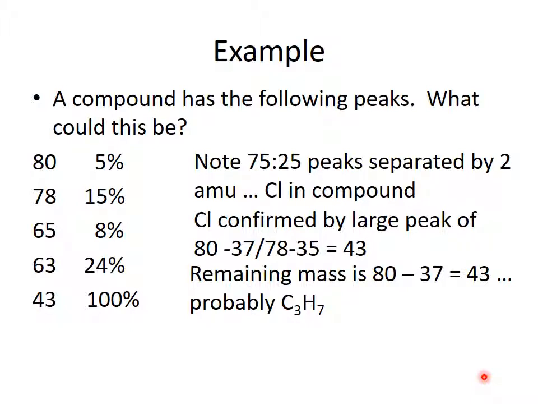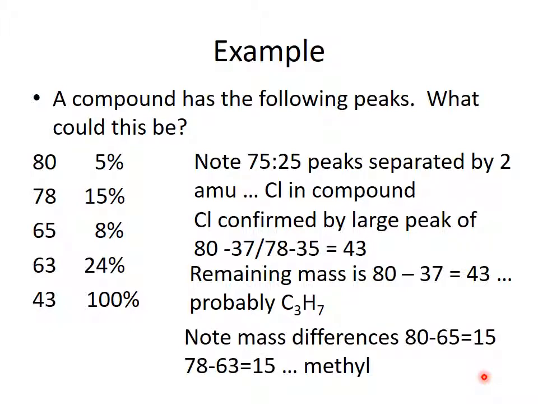So this is something like propyl chloride or 2-chloropropane, something like that. Notice also that there is a difference between 80 and 65 and 78 and 63. You would see these are also 1 to 3. That mass loss is relatively frequent.